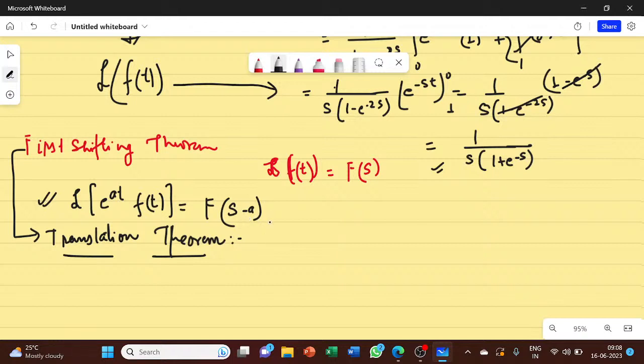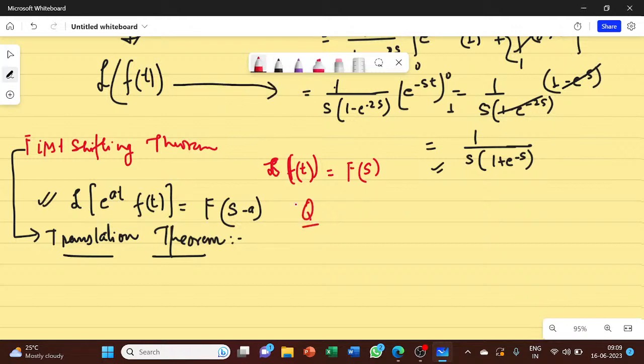So your Laplace transform has translated in the s space. So this is an important theorem again. Most of the times in the exam, questions come from this particular theorem also. So let us do a few more questions here, and then we'll move ahead.